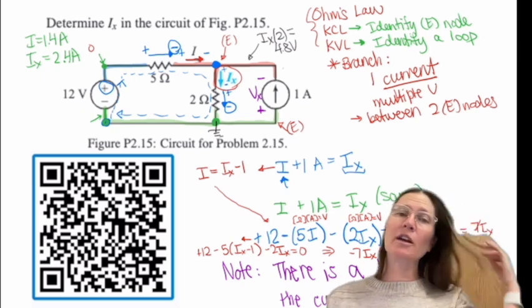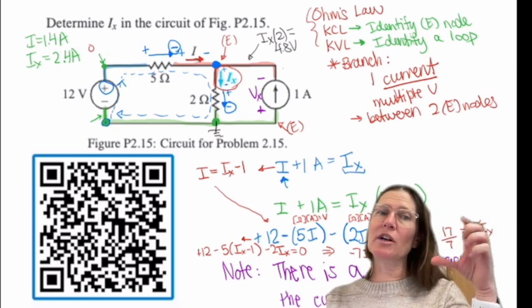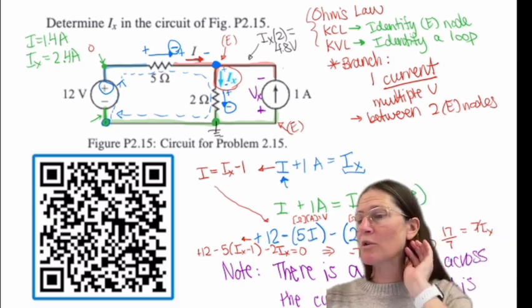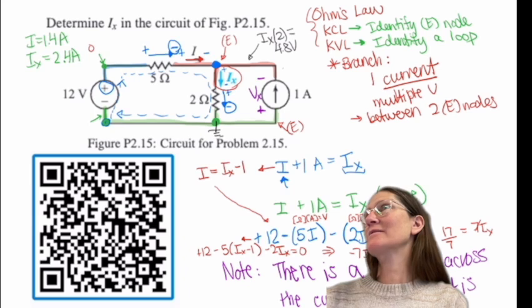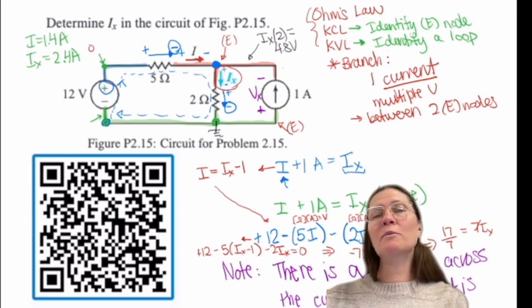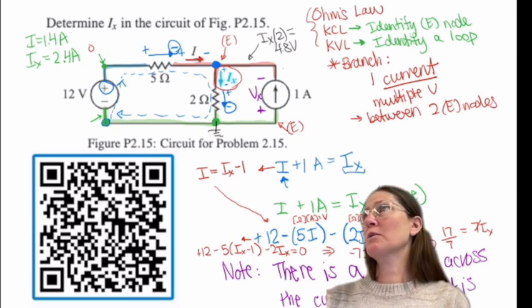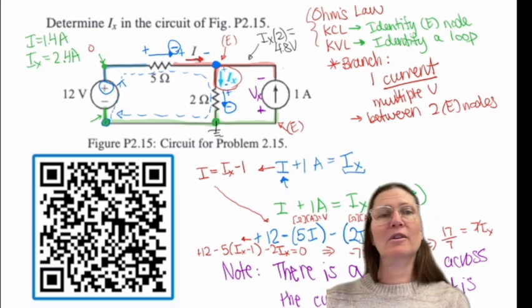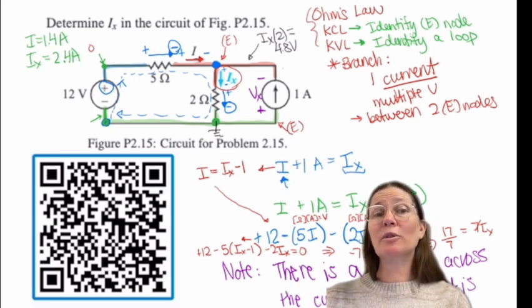And so we can't combine, the 2 ohm is not in parallel with the 5 ohm, nor is it in series. The 2 ohm is in parallel with the 1 amp. But is the voltage source in series with the 5 ohm? So it's in series with the 5 ohm.